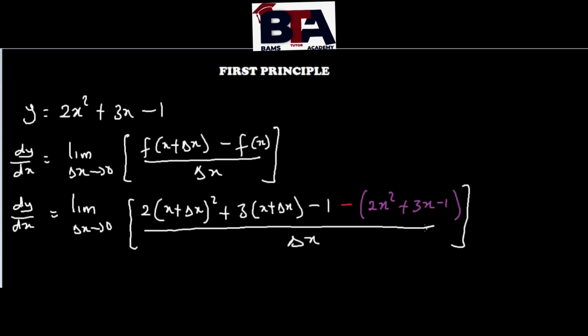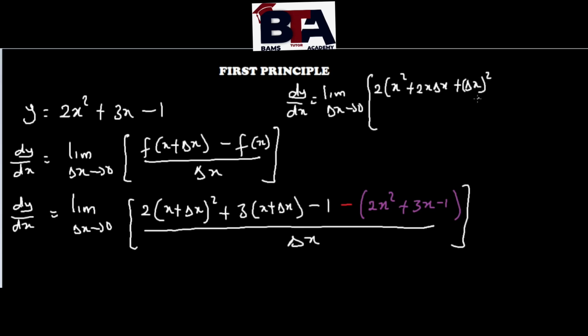So if I'm to open this, I'm going to have dy over dx is equal to 2. Don't forget your limits actually. I have my limits, change in x tends to 0, then I will have 2 into x squared plus 2x change in x plus change in x squared.